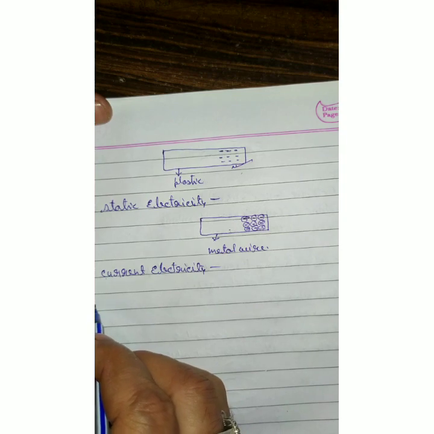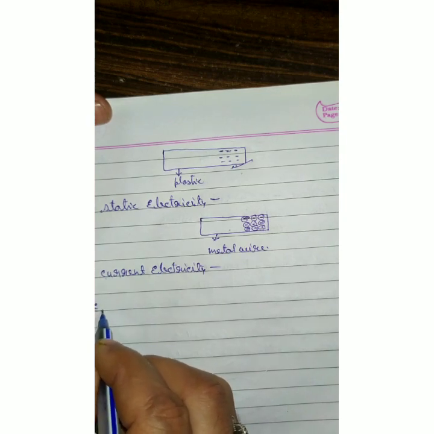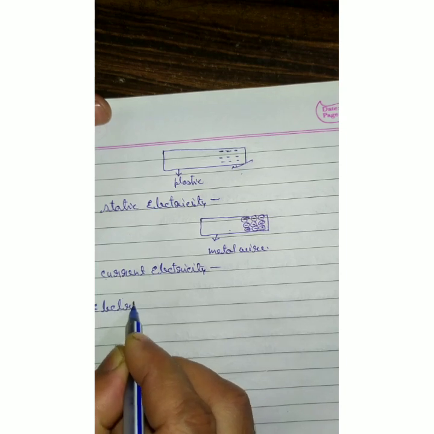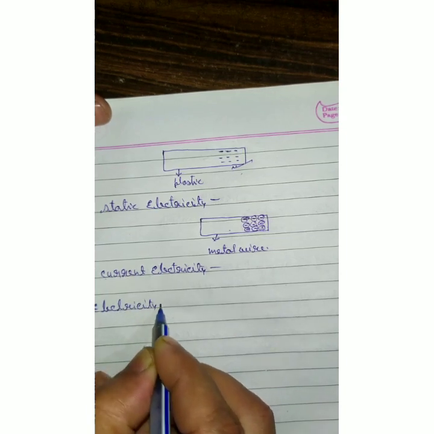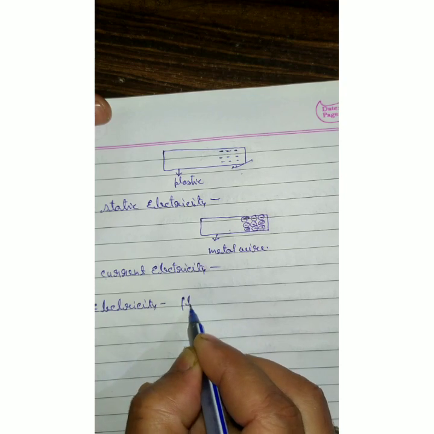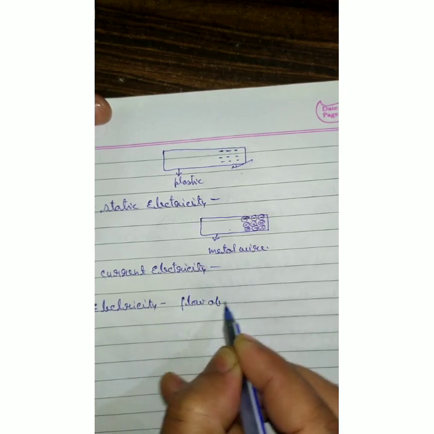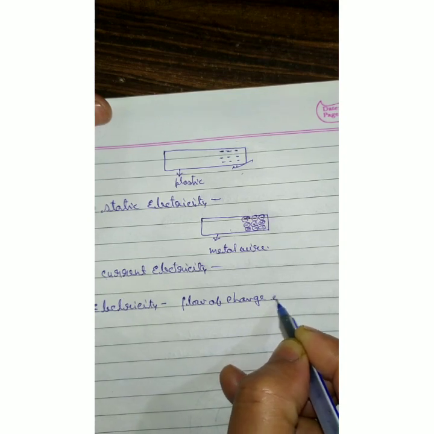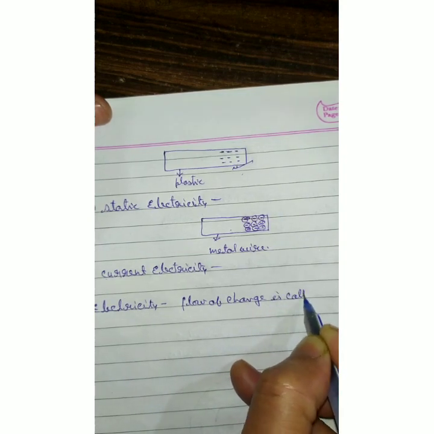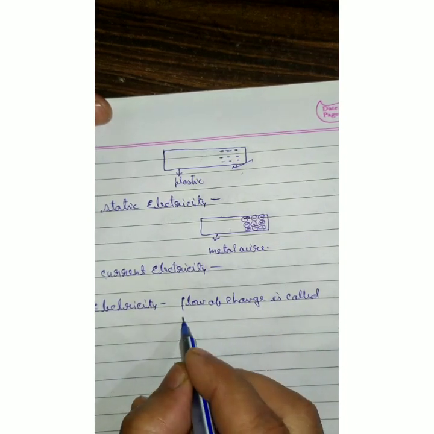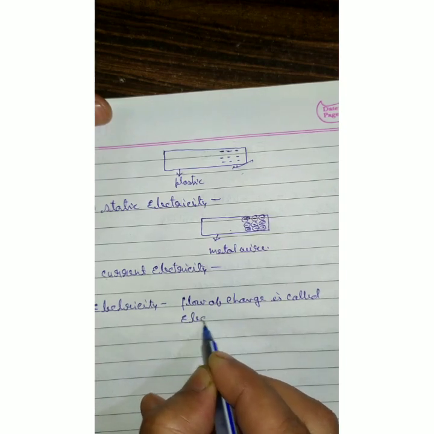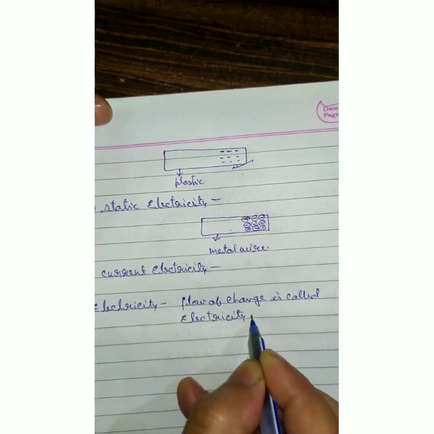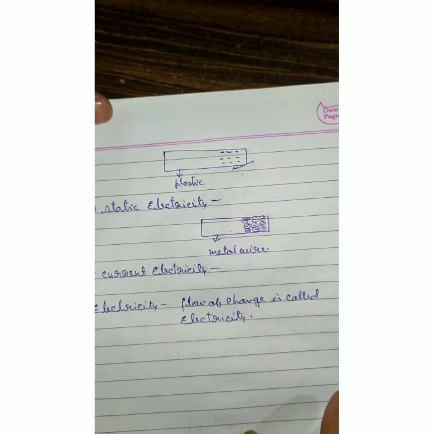So what is electricity, or what is the definition of electricity? Flow of charge is called electricity.